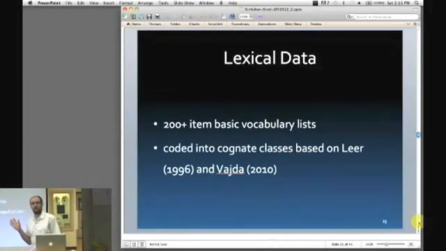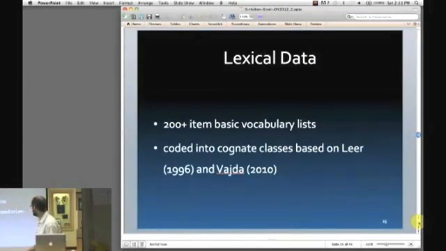So what Mark just showed you was one type of data, using typological characters, using information that doesn't presume any sort of relatedness. We wanted to do the same sort of analysis using the same computational methodology, but apply it to a different type of data to see whether we get similar results. So what we did is look at lexical data. We took a 200-item basic vocabulary list, essentially a modified Swadesh list, modified to include things that are relevant to the north, like moose and birch.